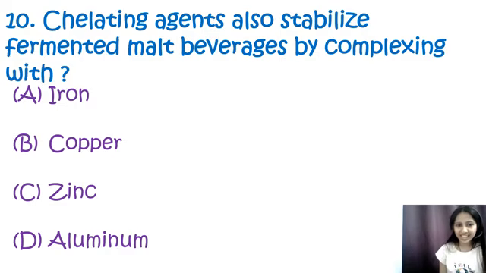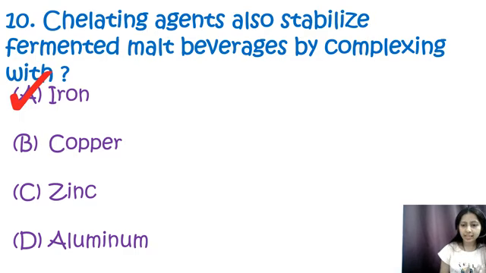Question number 10. Chelating agents also stabilize fermented malt and beverages by complexing with dash. Options are iron, copper, zinc and aluminium. My correct option is A, that is iron. Chelating agents are used in the food and beverage industries to complex with metal ions such as iron.